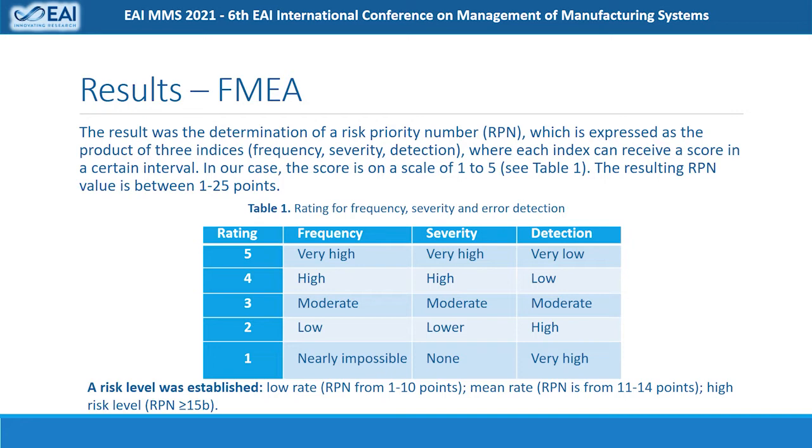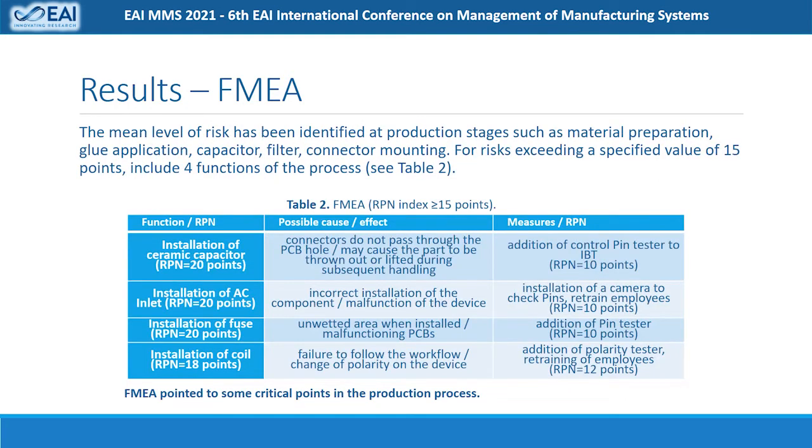FMEA pointed to some critical points in the production process. Based on the risk priority number index, a risk level was established. The mean level of risk has been identified at production stages such as material preparation, glue application, capacitor, filter, connector mounting.